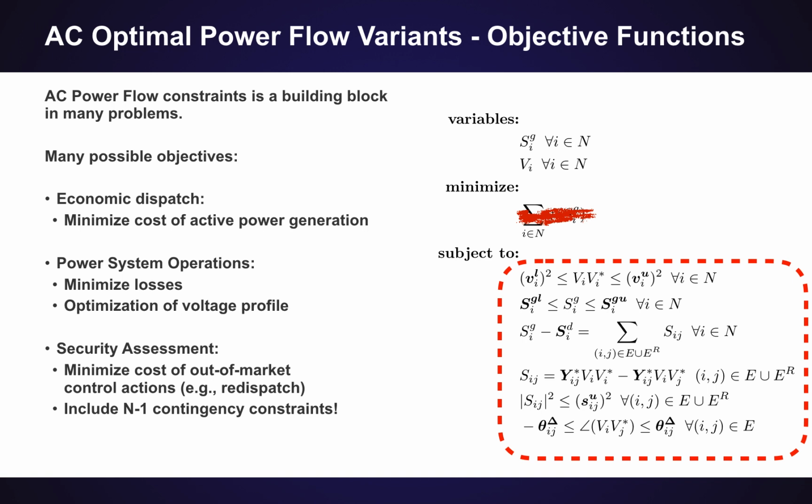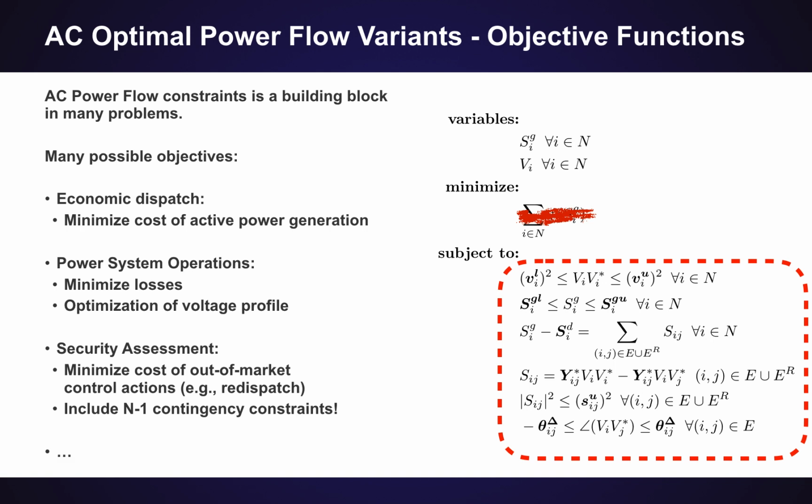And also very many problems do include N-1 contingency constraints. That is not really an objective function thing, but it is a practical extension which is very relevant for practical operations, to include constraints that make sure that the system continues to operate properly even if we have failures of single components. And then there are also very many more. Okay.